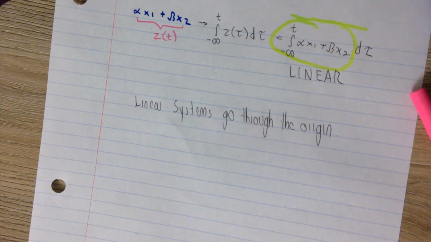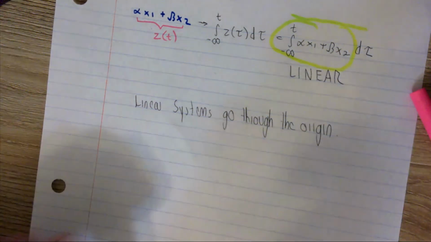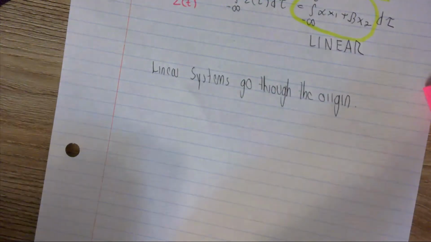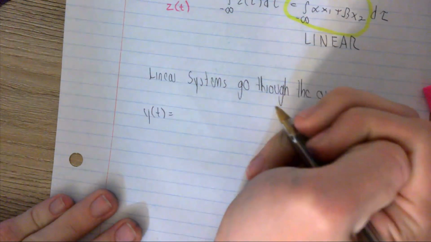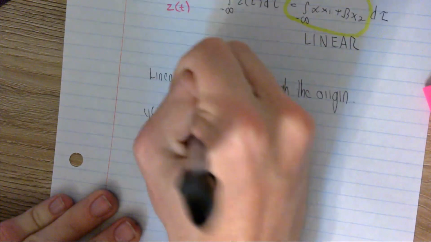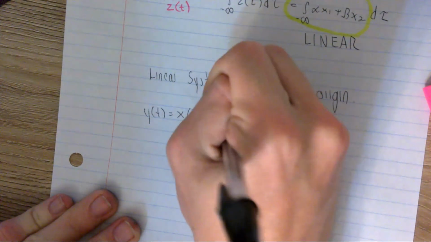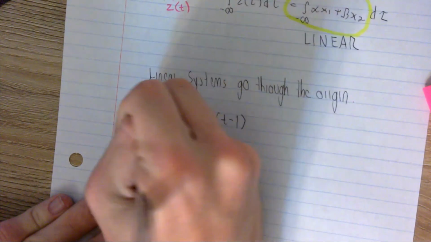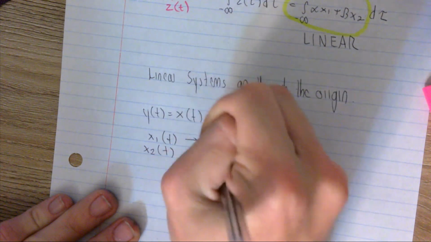And so one that I will show you that's nonlinear, so you see one example of it, was this example here. y(t) is equal to x(t) minus 1. And so you'd have two signals, x1(t) and x2(t), and that's going to cause the output. So this one would be y1(t), and the other one's going to be y2(t).